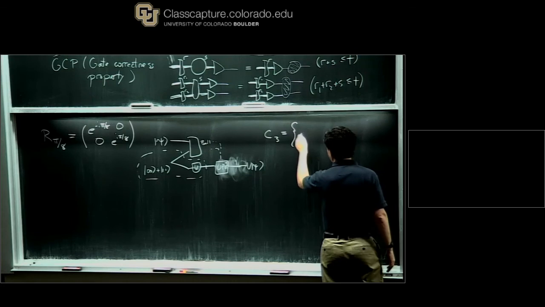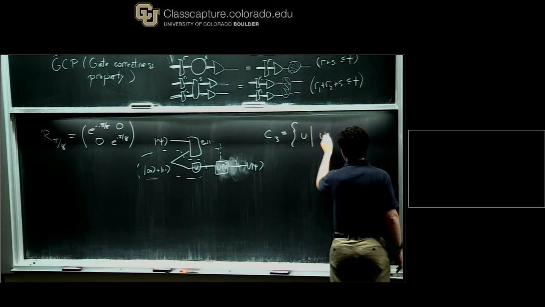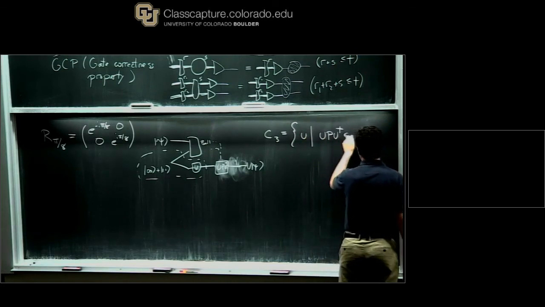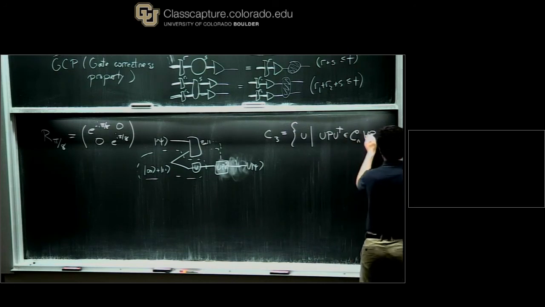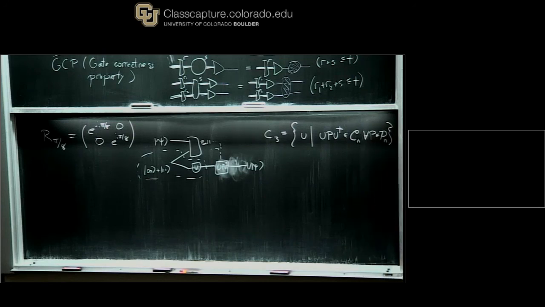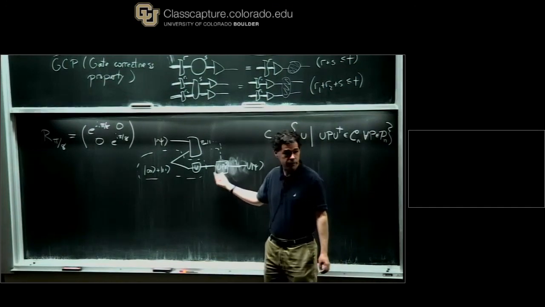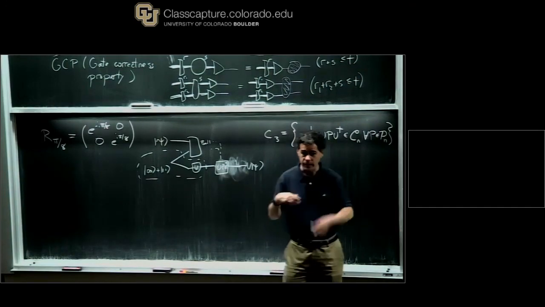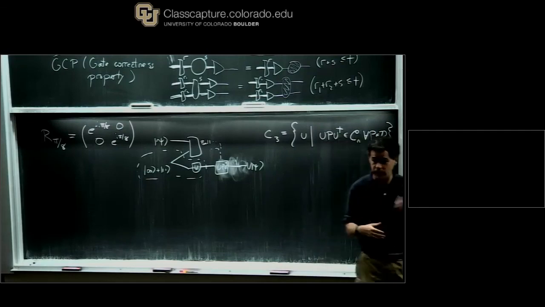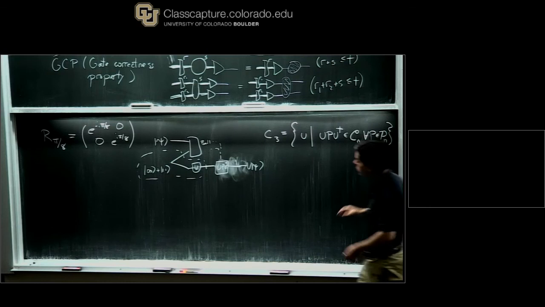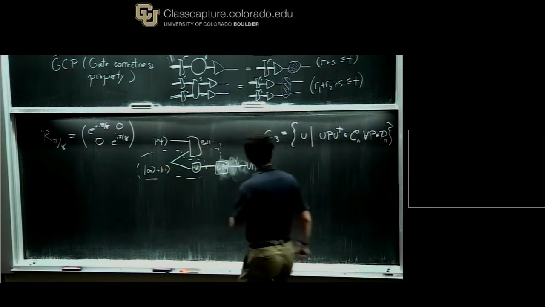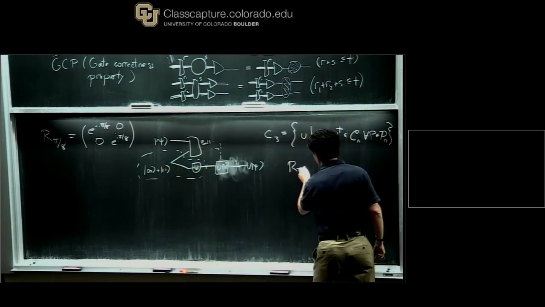It's a set of U such that UPU dagger is in the Clifford group for all P in the Pauli group. Okay? So when UPU dagger is in the Clifford group, that sounds like something that's simpler than a gate that's outside the Clifford group. And it turns out that this R pi over 8 gate is in C3.